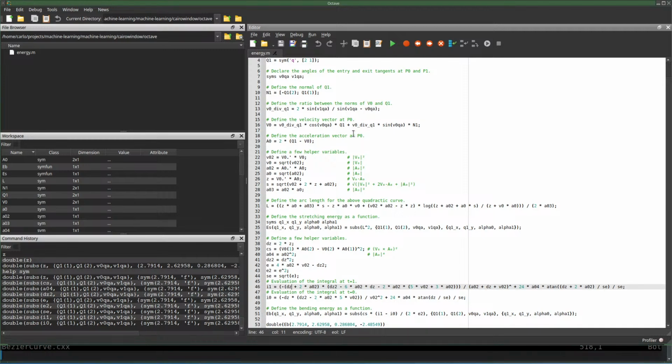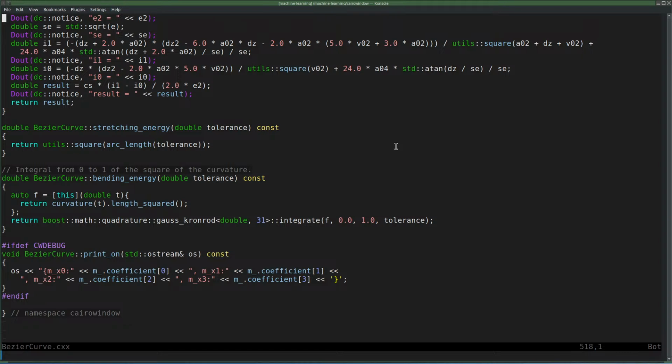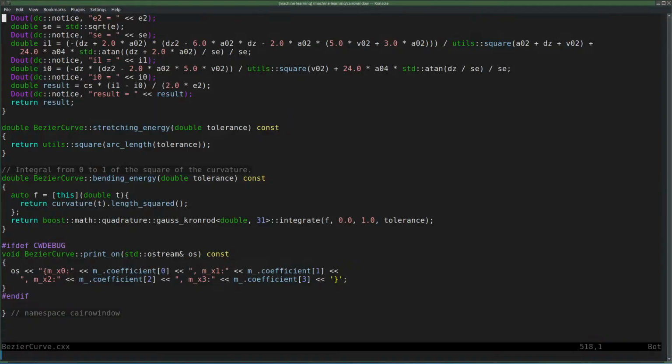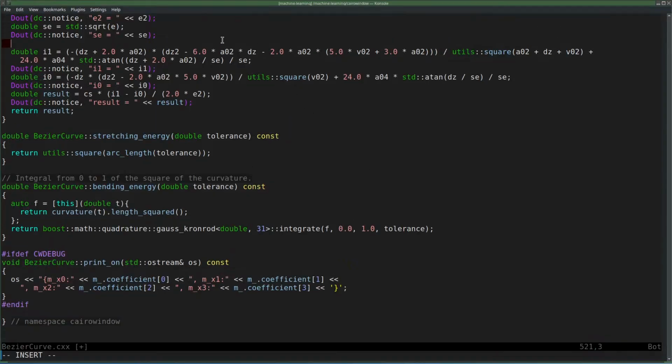And I have to compare it with this. I think I'll just copy it. Copy, copy, copy. Up. Copy. Go here. Paste.